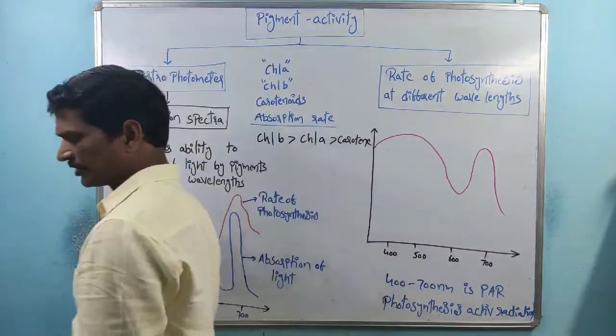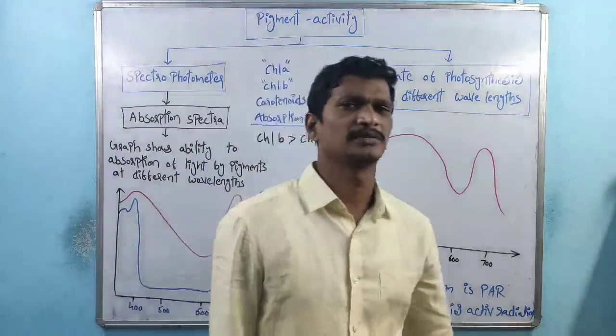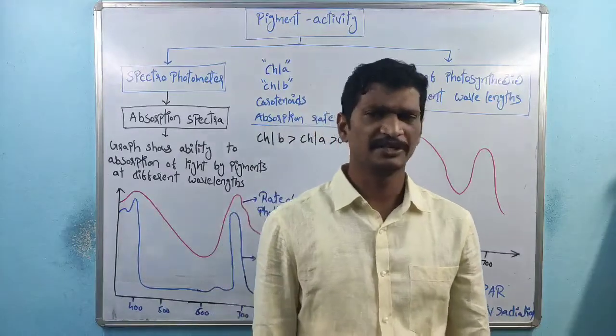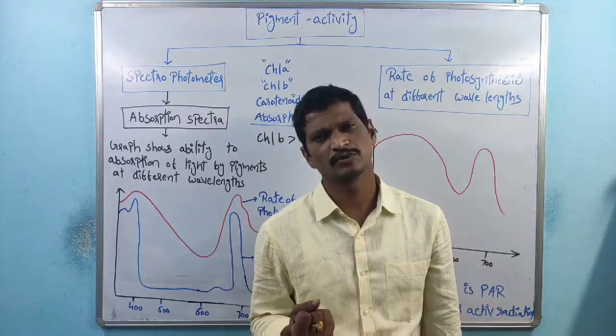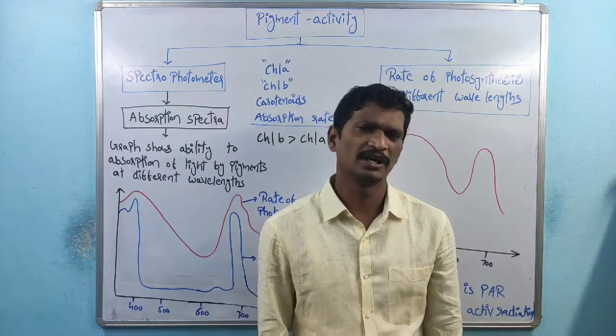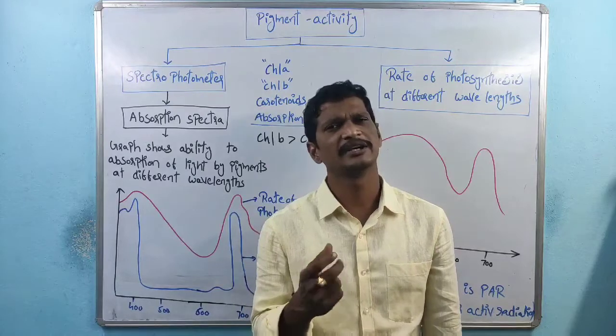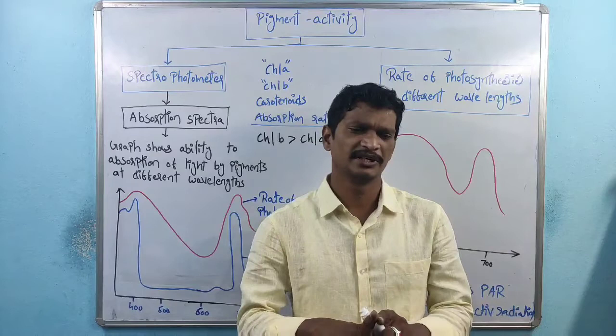Coming to the next topic, the pigment activity. We know about light and we know about pigments, right? Pigments are responsible for the absorption of light. If light is subjected to a spectrum, the light will be divided.